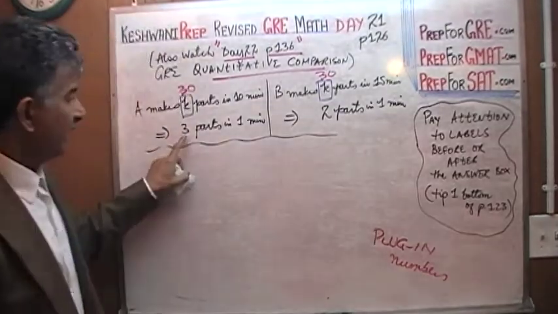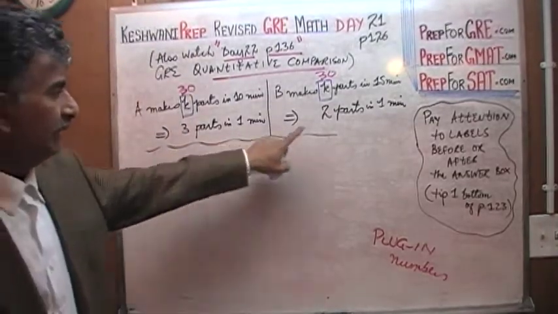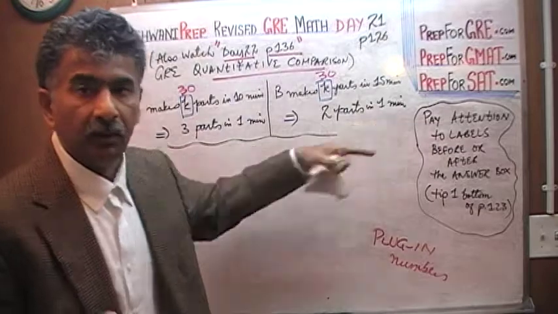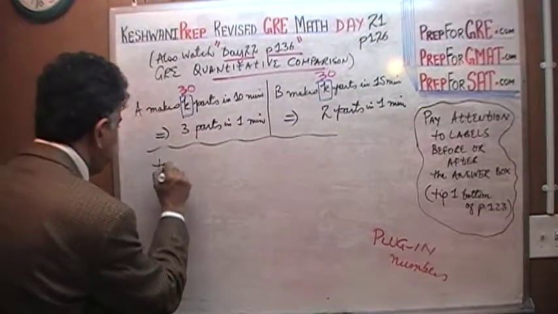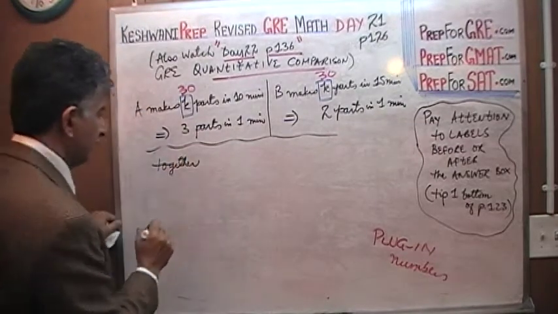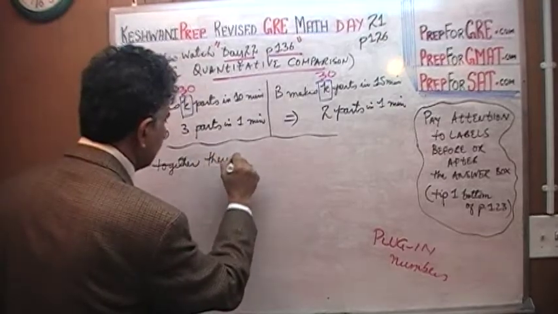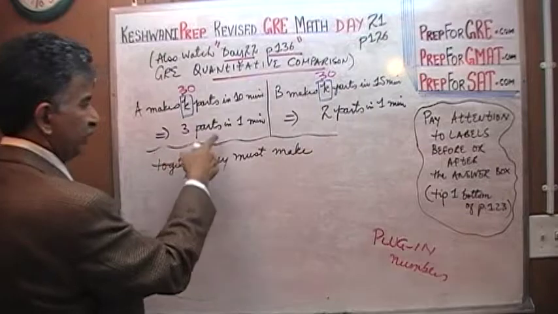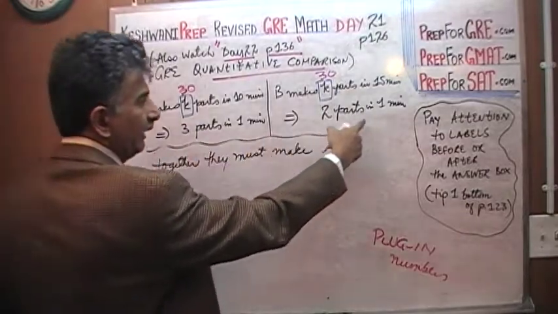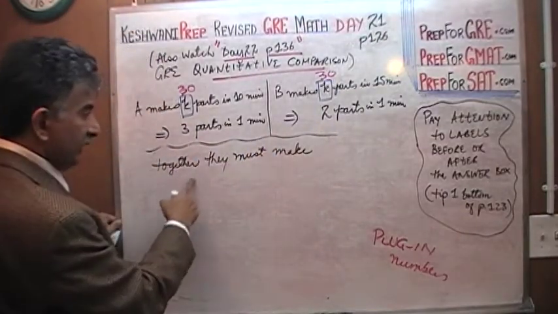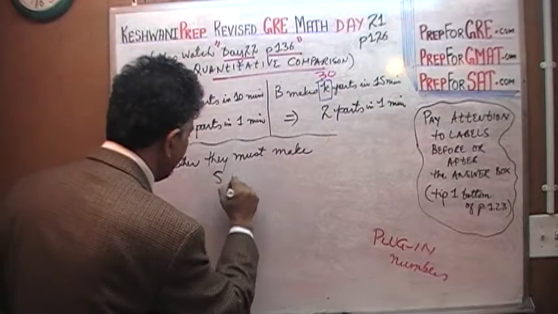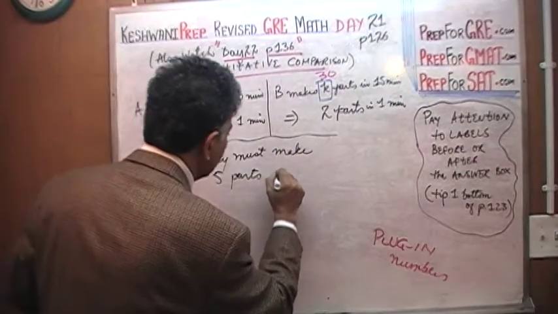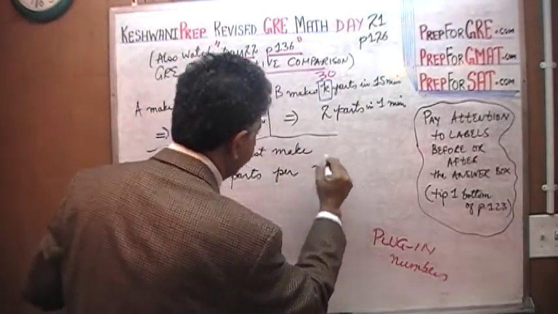So, if A makes 3 parts in 1 minute and B makes 2 parts in 1 minute, working together they must make 5 parts per minute.